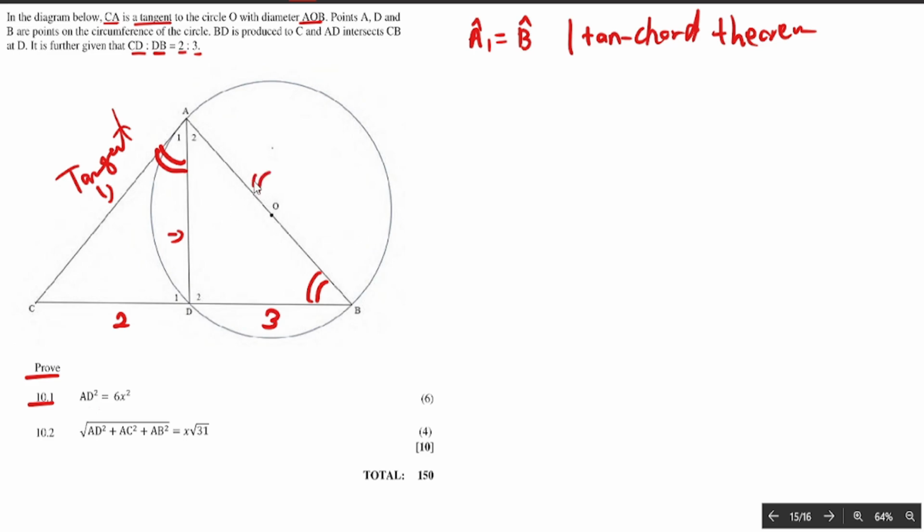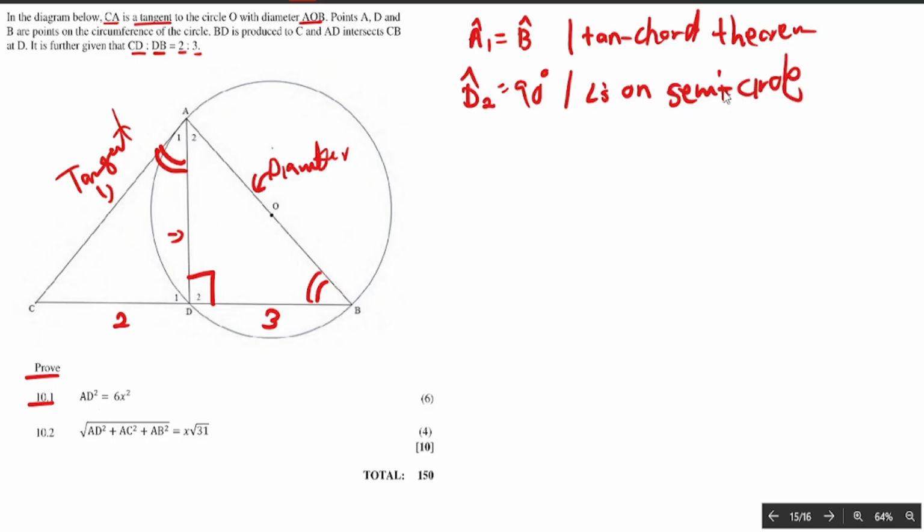After proving this, I want you to take note of something. We're told that this is a diameter, right? So a diameter subtends a 90-degree angle at the circumference, which means angle D2 is equal to 90 degrees. Reason is angles on a semicircle, since AOB is a diameter.